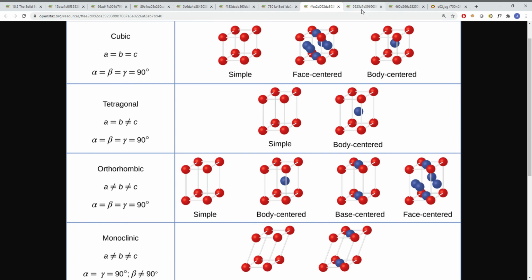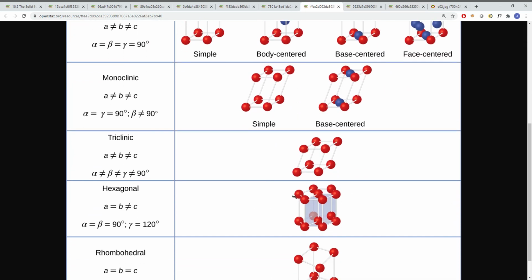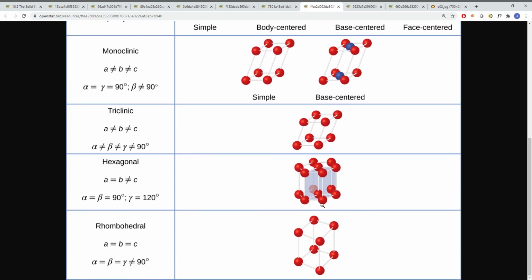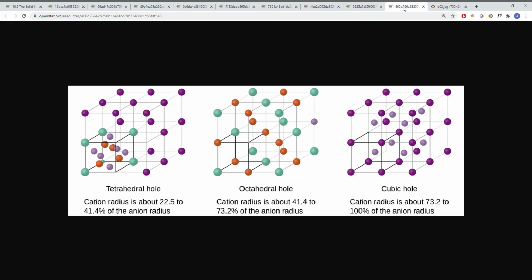You can get these hexagonal packed systems, and they're going to have the highest packing efficiency of the group. But man, do they give you a complicated unit cell, am I right? So, I'm not going to expect you to do much with that.